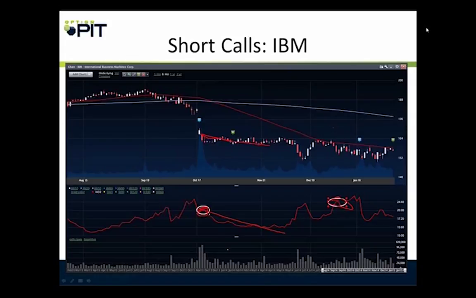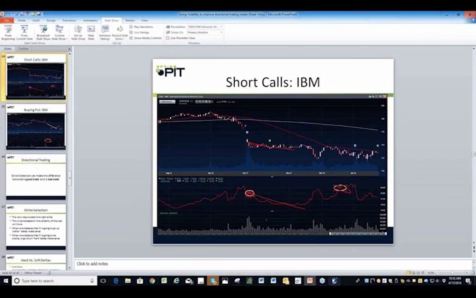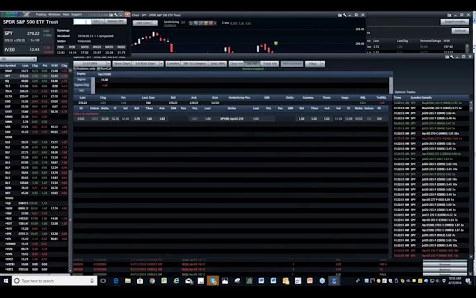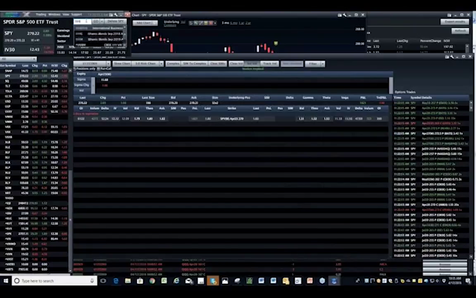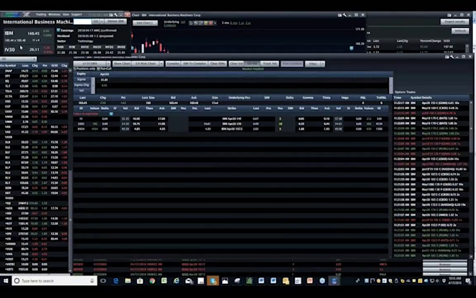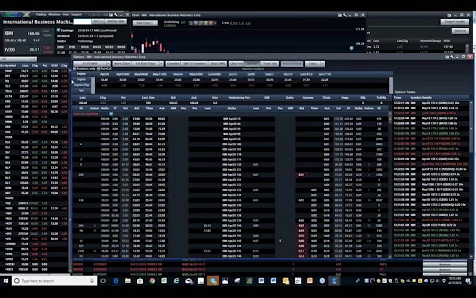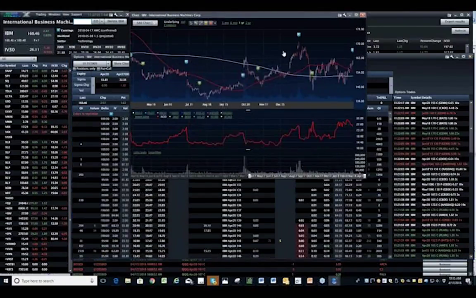Short calls, IBM has been a credit spread seller's dream for umpteen years. All right, if I pull up IBM, it has earnings tonight. We'll look at it in a little bit. But take a look at a chart of this thing.